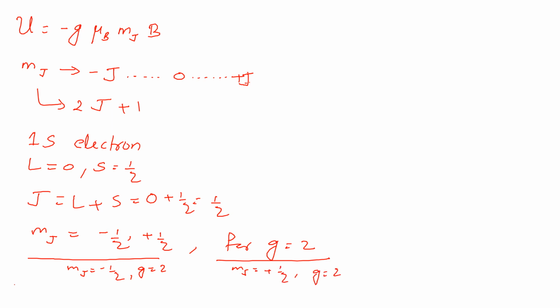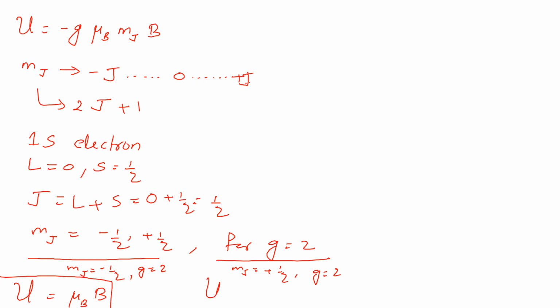So what will be the values of U? U will be minus half times g. Mj is minus half, g is 2, and the 2 and minus half cancel. Minus and minus make plus, so this will be mu B times B.